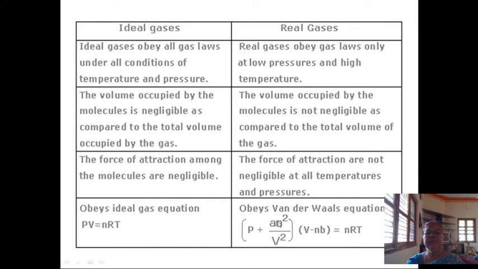As usual, n is the number of moles, V is the volume, P is the pressure, a is a van der Waals constant, and b is also another van der Waals constant, R is the gas constant, and T is the temperature. We will derive this van der Waals equation in the next point.